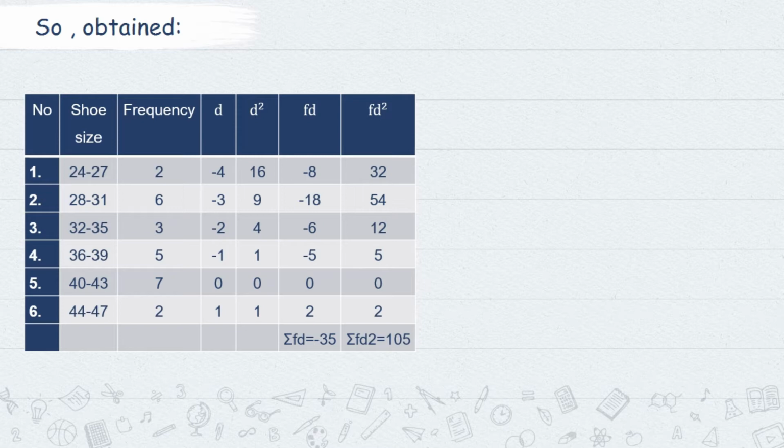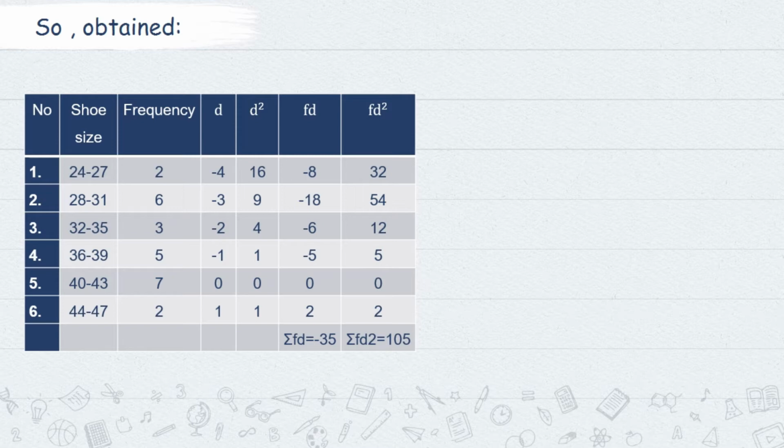Number 4, the shoe size between 36 until 39, frequency is 5, the deviation is -1, deviation square is 1, frequency multiply deviation is -5, the frequency multiply deviation square is 5. Number 5, the shoe size between 40 until 43, the frequency is 7, the deviation is 0, the deviation square is 0, frequency multiply deviation is 0, frequency multiply deviation square is 0.